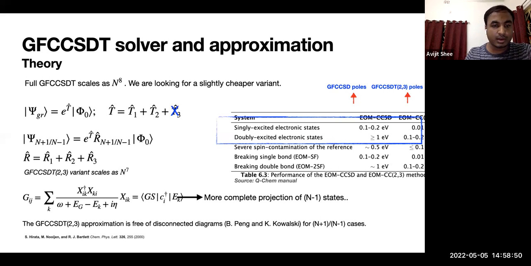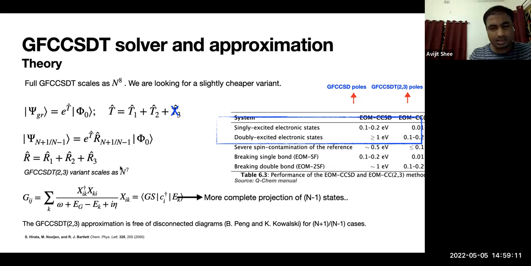But in the other variant, given the name 2,3, for the ground state we use only singles, doubles truncation, but for the n+1 and n-1 we use singles, doubles, and triples truncation, so that gives a scaling of N to the 7.